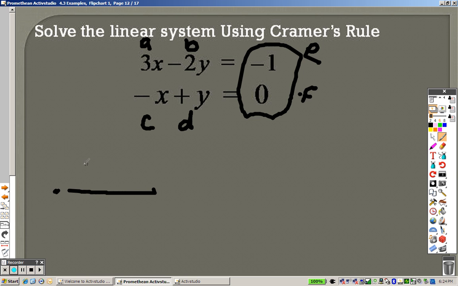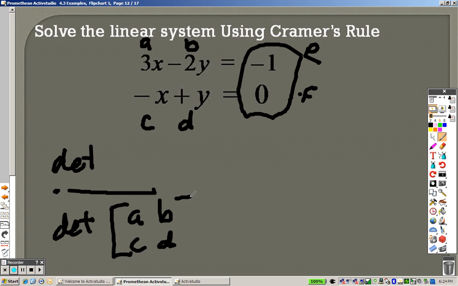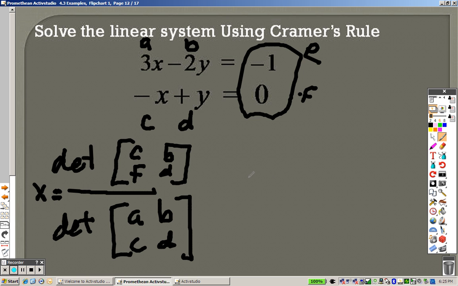What this means is you find the determinant of A, B, C, and D over the determinant of, and this is different, if we're solving for X, what that means is B and D, your Y column stays the same, but E and F goes in for your X's.